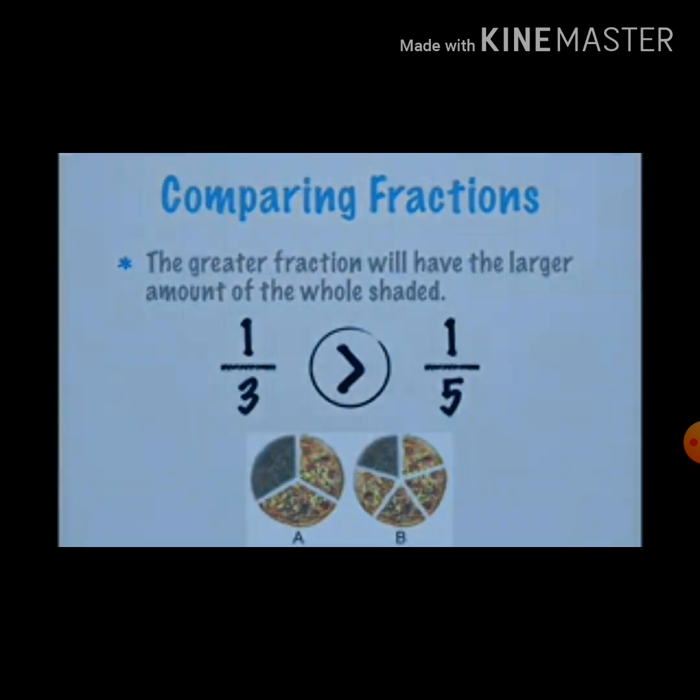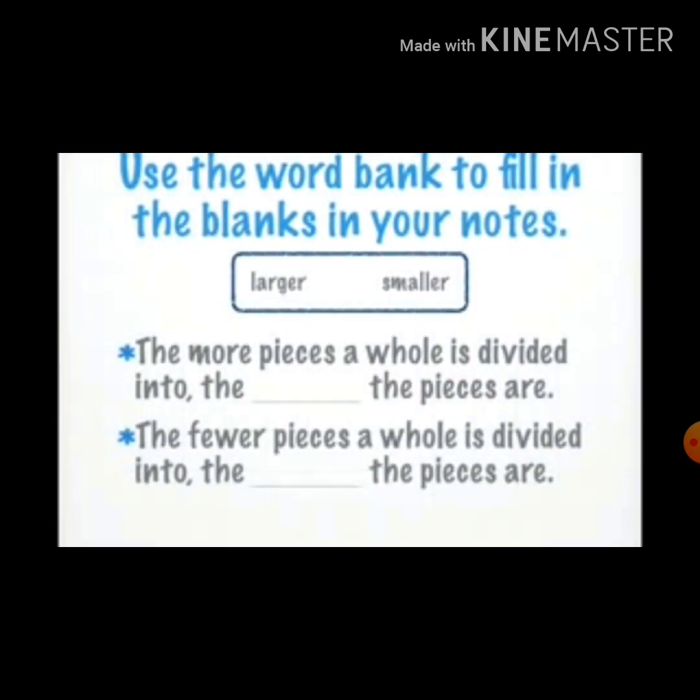Now let's use the word bank to fill in the blanks in your notes. I can check this on Saturday when I send the solution. Here you have to fill the correct word in the correct place.